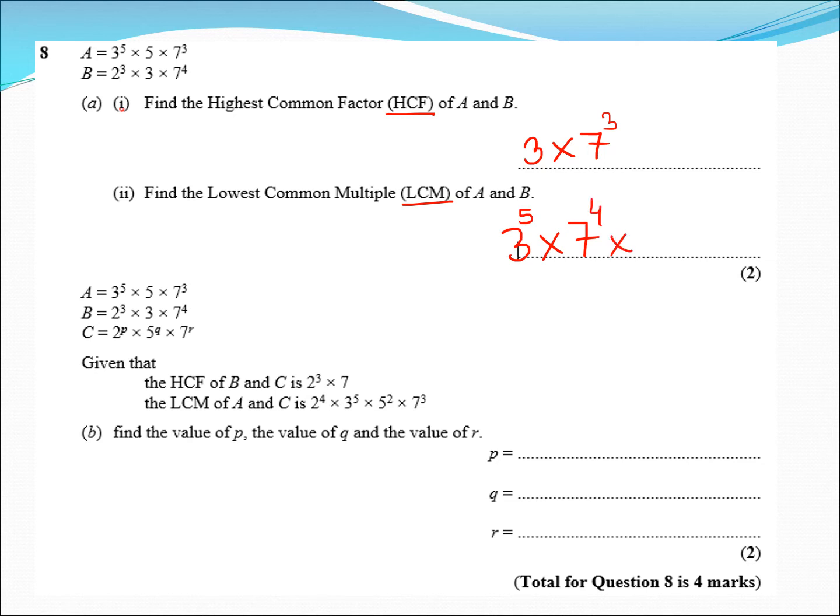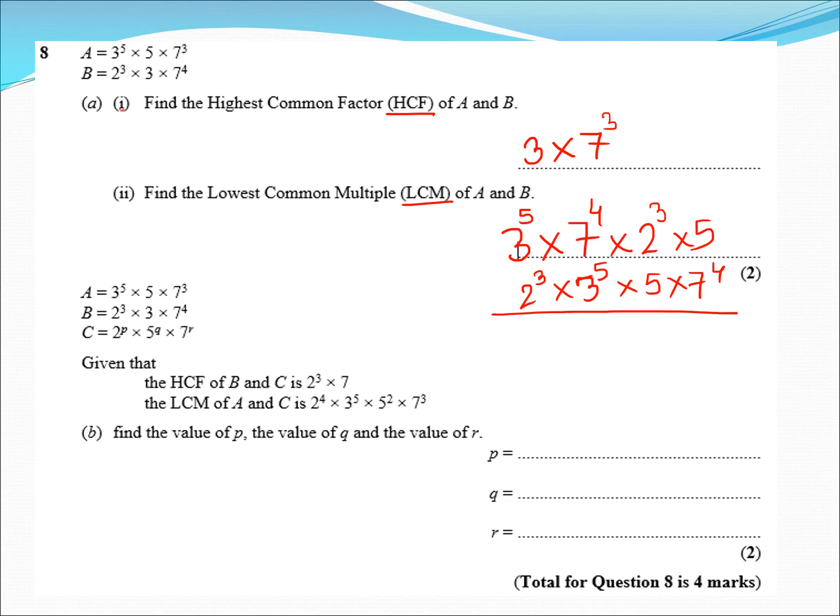And then I'm going to multiply the remaining factors, which is 2 to the power of 3 times 5. You may want to reorganize them and write them in order. So you can do 2 cubed times 3 to the power of 5 times 5 times 7 to the power of 4. And that will be your answer.